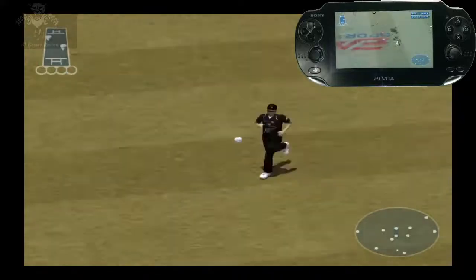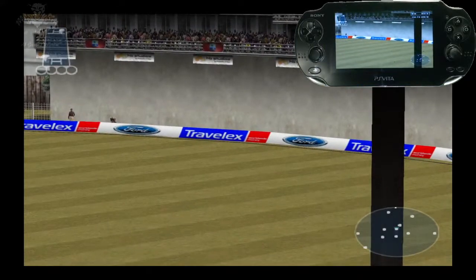Over the top and away for 4. Really struck that well. He should be looking to bowl a tighter line at this stage.